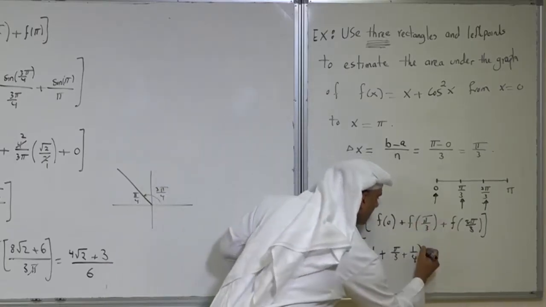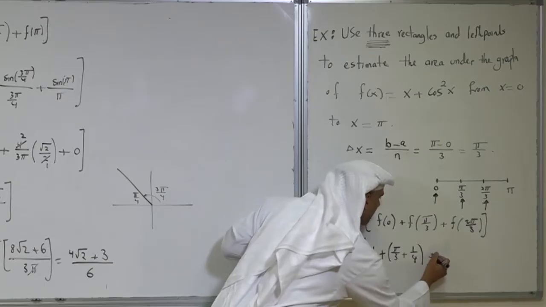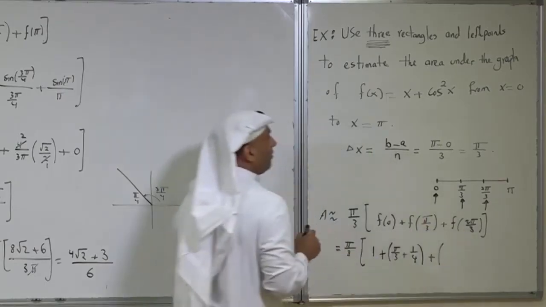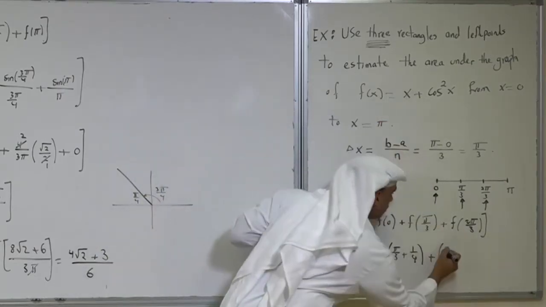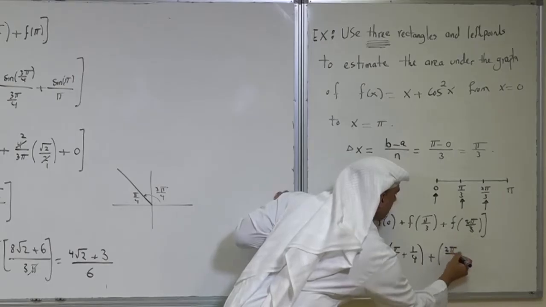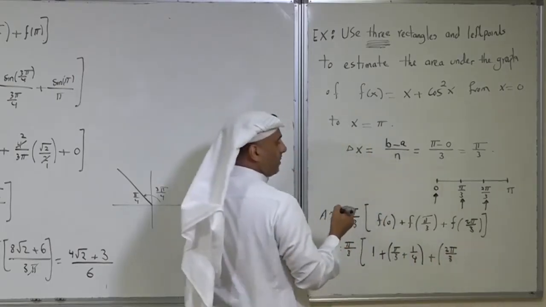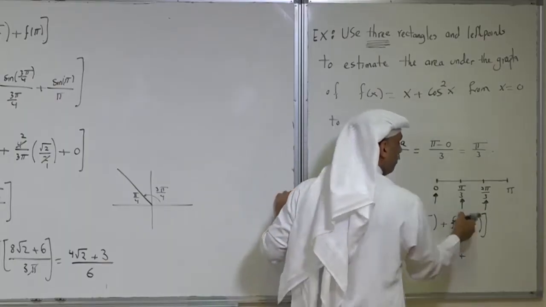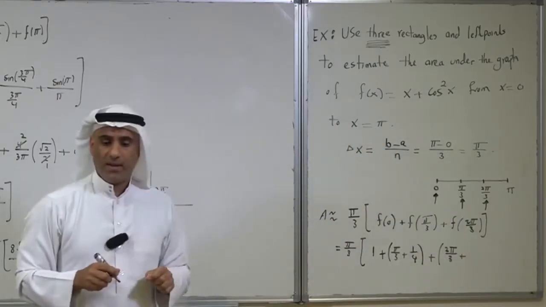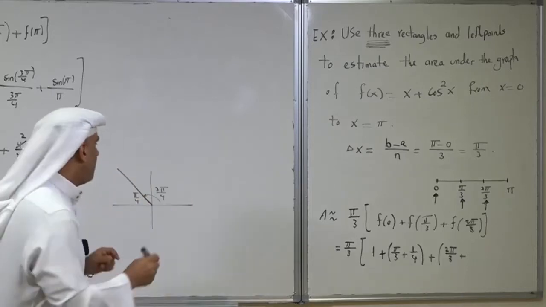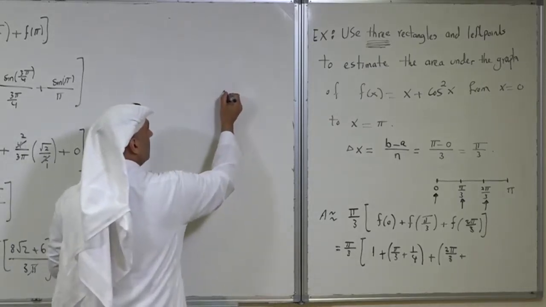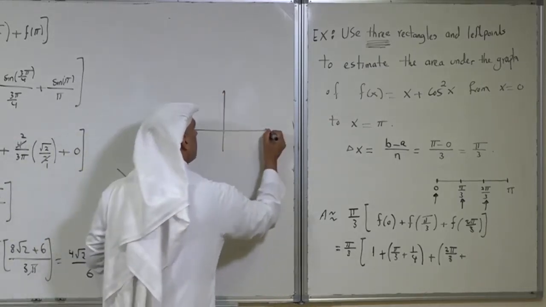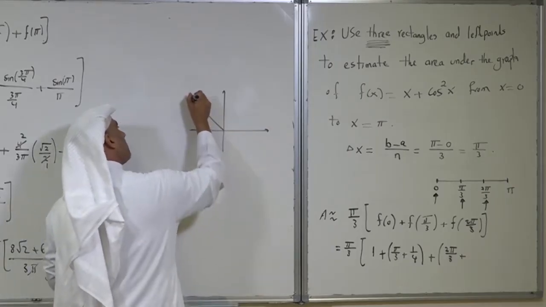Plus, coming to this is the second evaluation. Now, this third one. 2 pi over 3. Of course, this will give us 2 pi over 3. Okay? Plus, what about cosine squared 2 pi over 3? Again, 2 pi over 3 is in the second quadrant. Look, it is in the second quadrant.